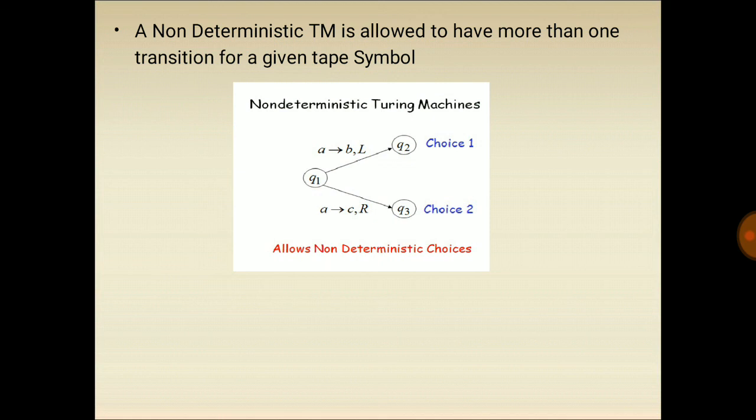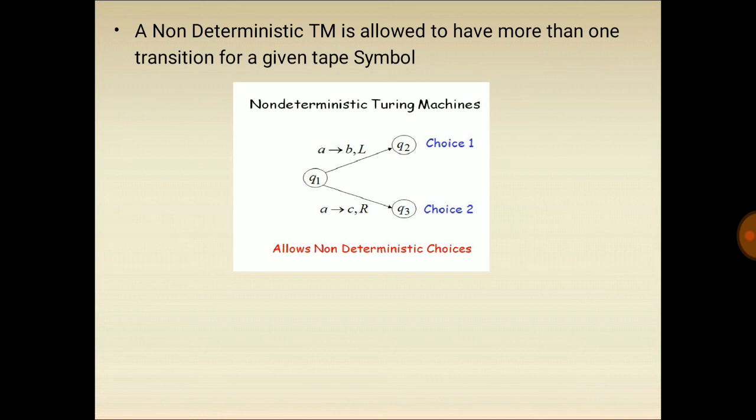A non-deterministic Turing machine is allowed to have more than one transition for a given tape symbol. This diagram explains the non-determinism flavor of the Turing machine, where we have two choices. Either you can go from state Q1 to Q2, or you can go from state Q1 to Q3.